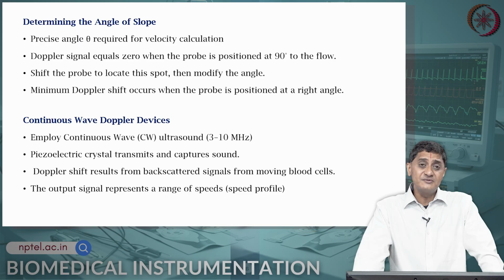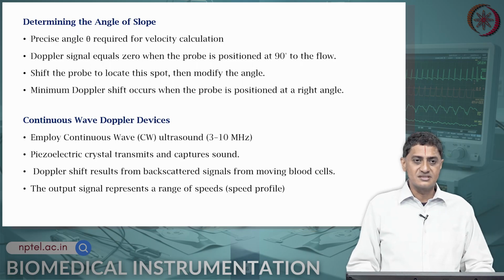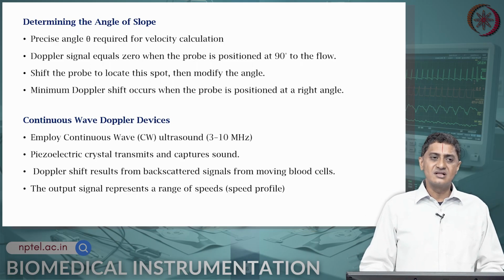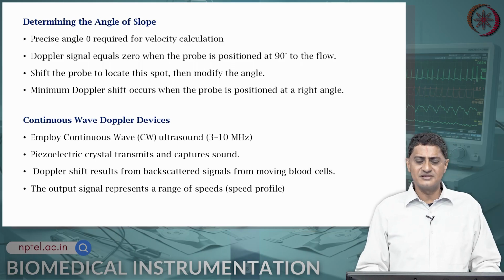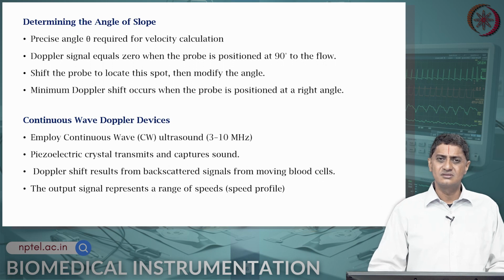Now, there are different types of these Doppler meters, such as continuous wave Doppler devices. The continuous wave Doppler device uses continuous wave ultrasound between 3 and 10 megahertz, with special materials, piezoelectric crystals, that transmit and capture the sound.